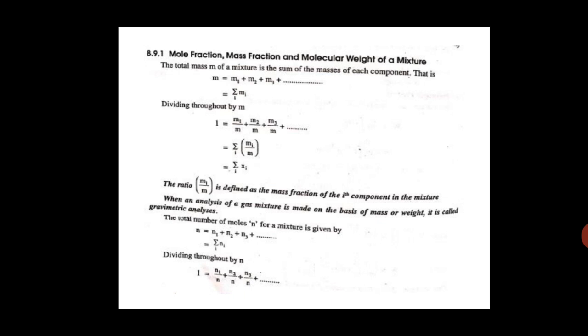Now what is the mass fraction? In simple terms, suppose you take some laddu, besan laddu. So you have got 80% besan, 20% sugar. You have put 80 kgs besan, 20 kgs sugar. It becomes 100 kgs of laddu. So now the mass fraction of besan is 80 by 100, that is 80%.